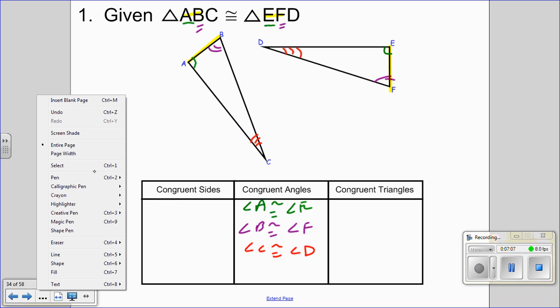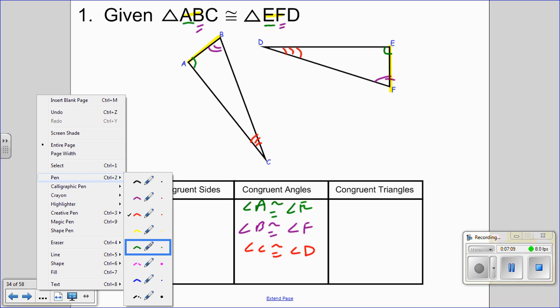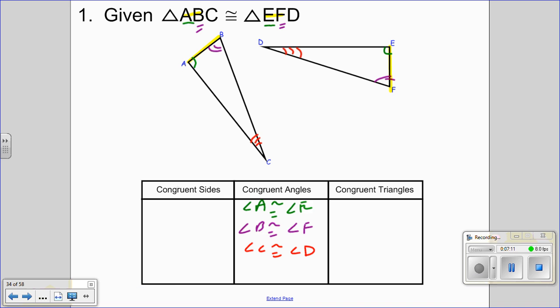So I want to put a tally mark on that side. That's one tally mark. And use the segment bar above it when you name it. And make sure the lettering is in this correct order. A is with E, B is with F. That does matter, ladies and gentlemen. It does matter.